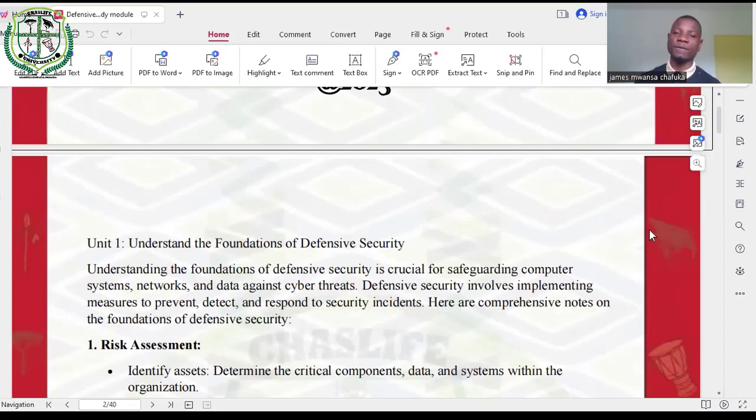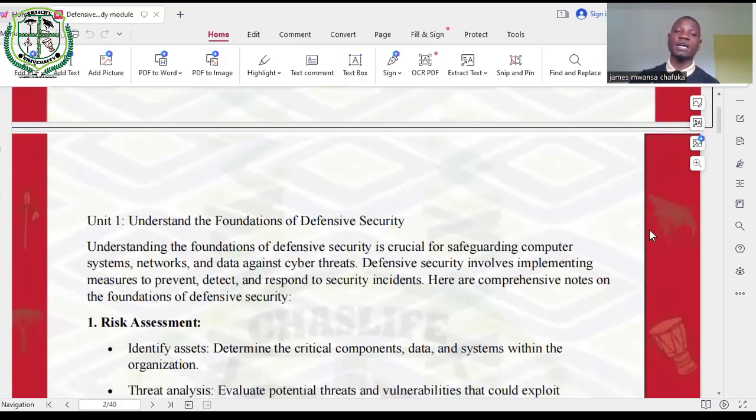Any implementation that can prevent security threats brings the aspect of defensive security. And apart from that, there are also many other important risks that you are supposed to learn.